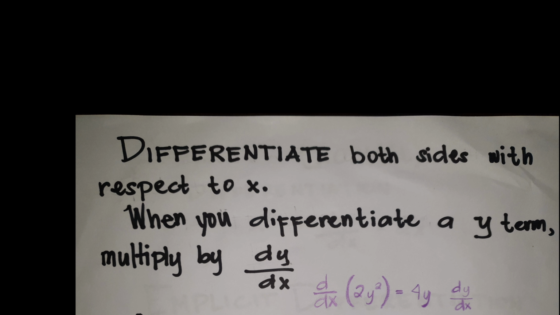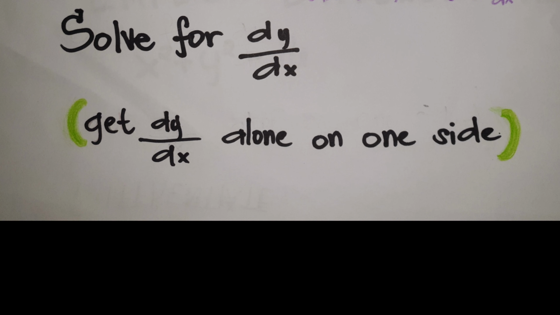The inside derivative is dy dx, so you can think of it that way. The second step is then to just solve for dy dx. That means get dy dx alone on one side, so that your expression looks like dy dx equals something. So let me show you how it works.